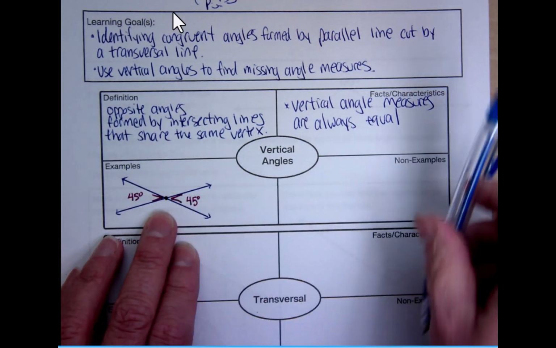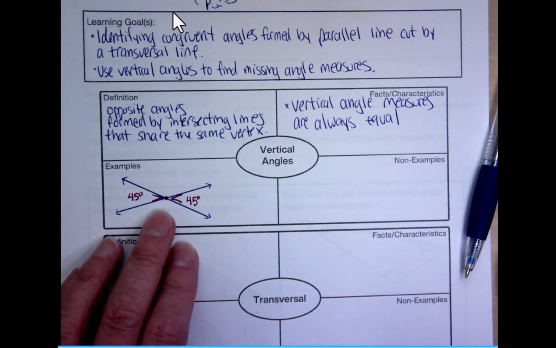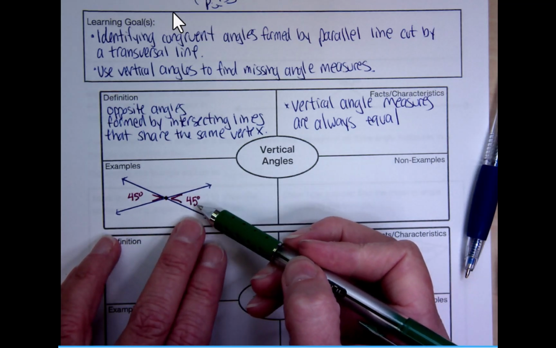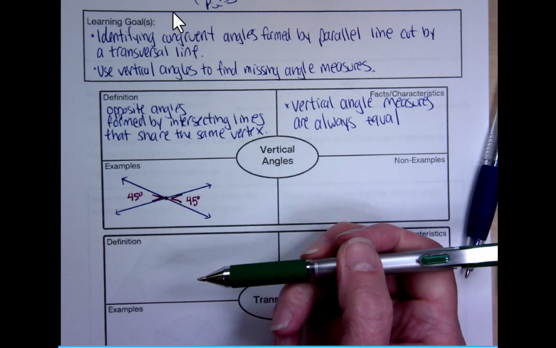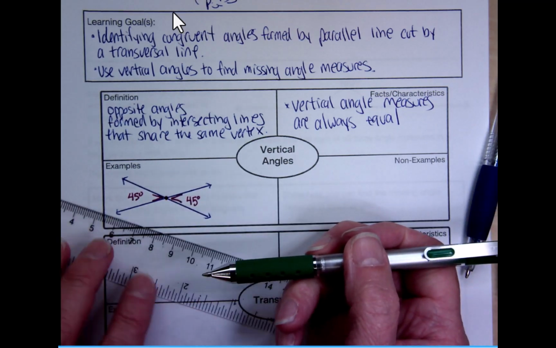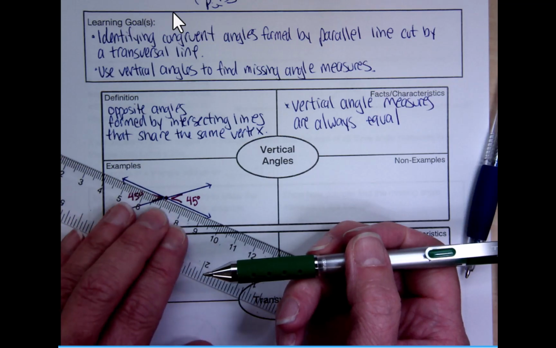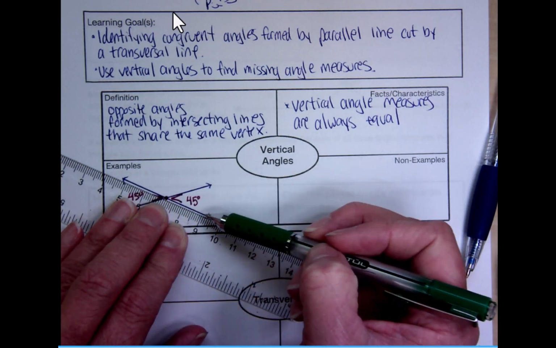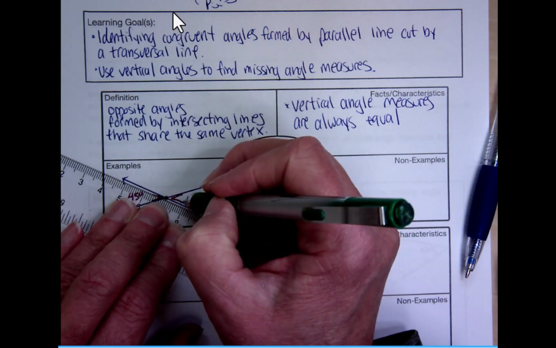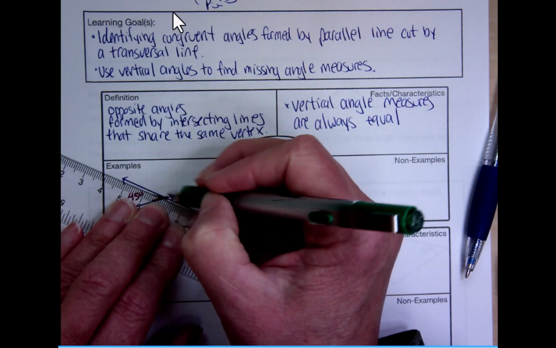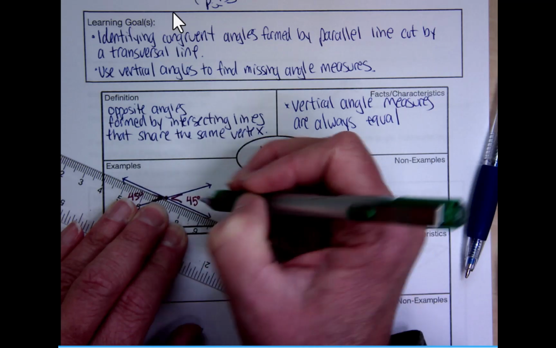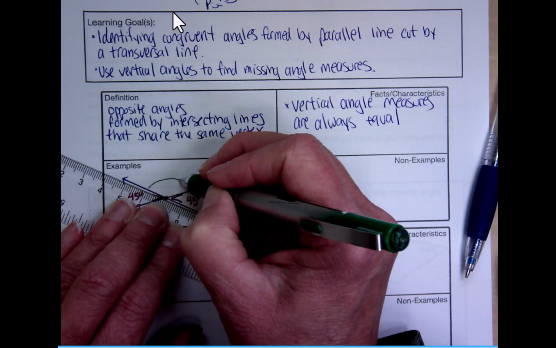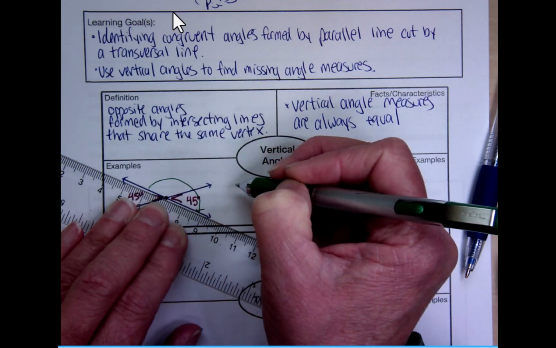And while we're here, it might be worth talking about how we can use vertical angles to find other angles in these intersecting lines. I'm going to line my ruler up right there and just show you that these two angles together are going to form supplementary angles, angles that should add up to 180 degrees, because from here all the way to there is 180 degrees.